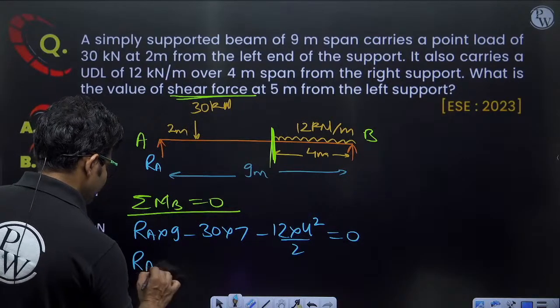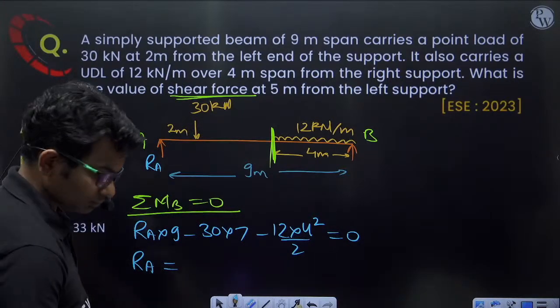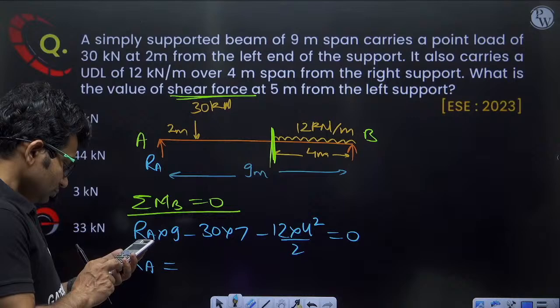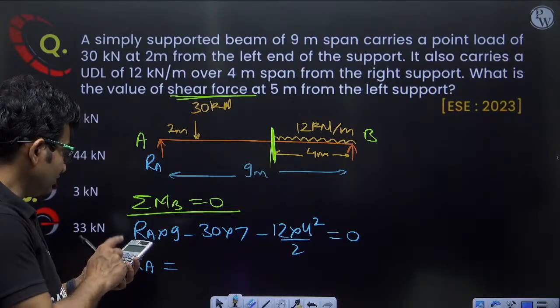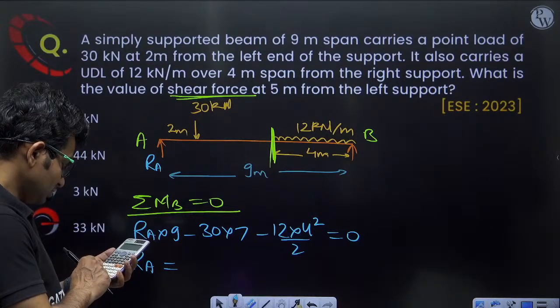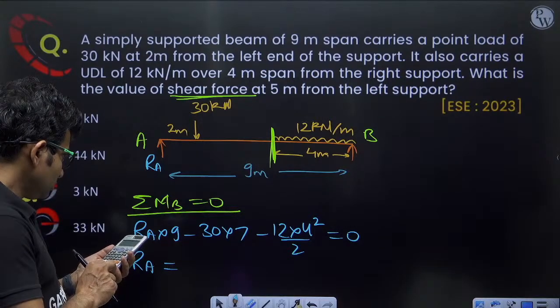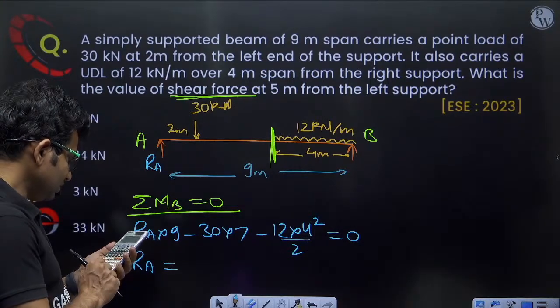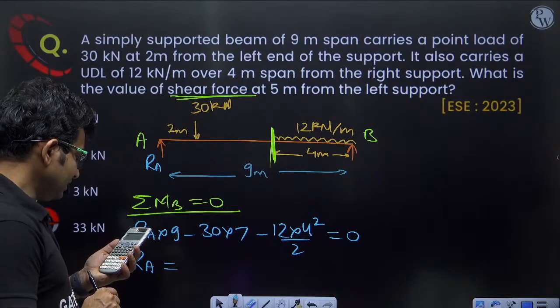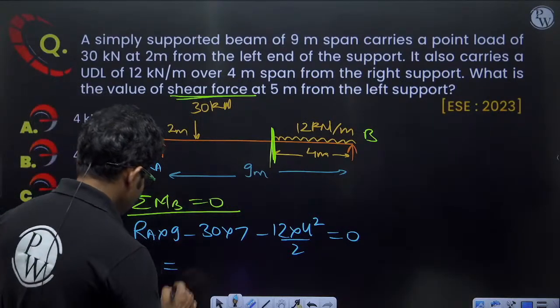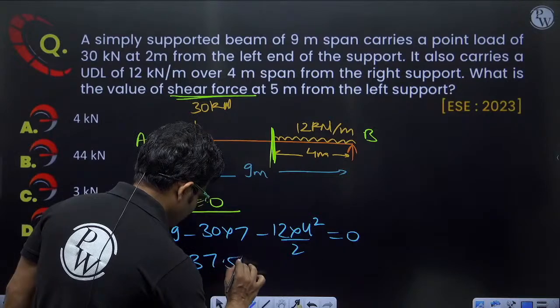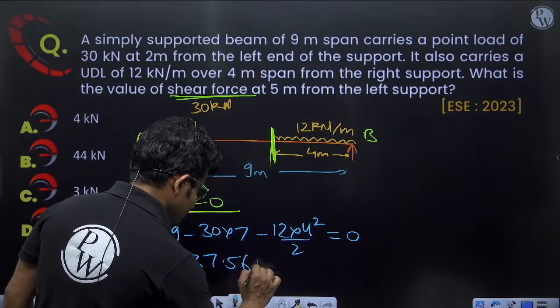So RA will be equal to 30 into 7 plus 12 into 8, whole divided by 9, 37.56 kilonewton.